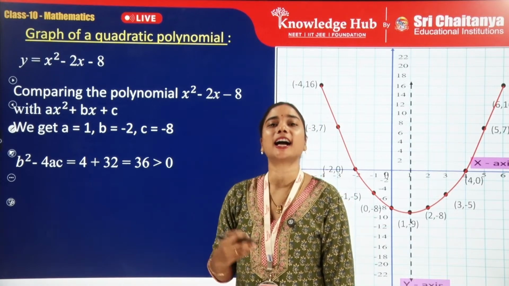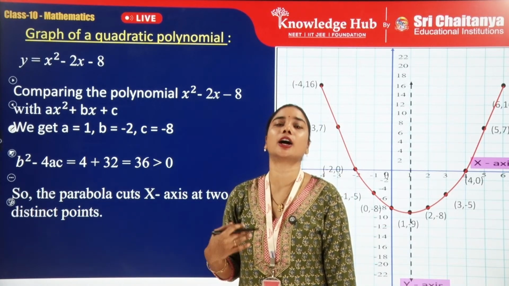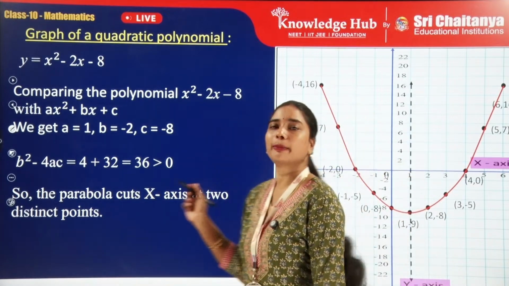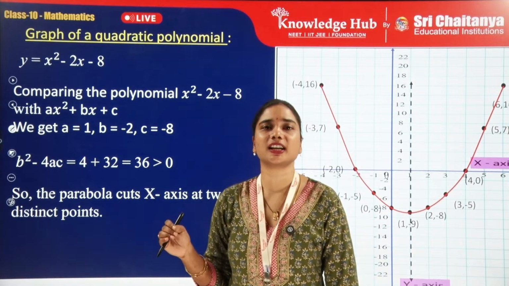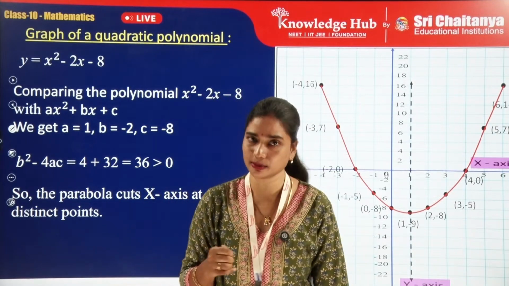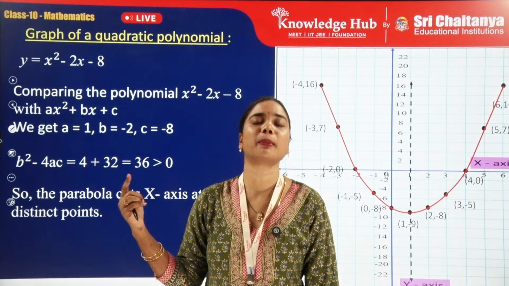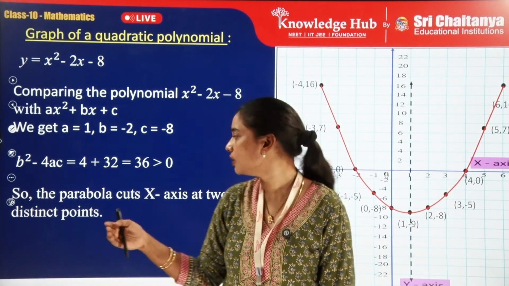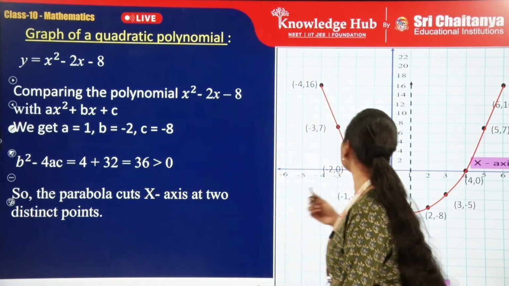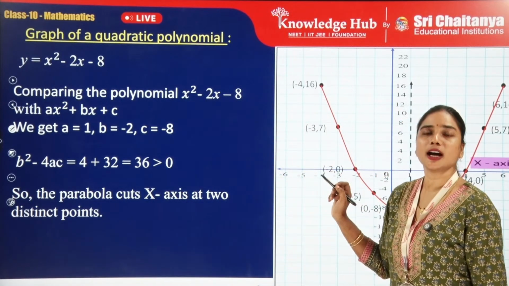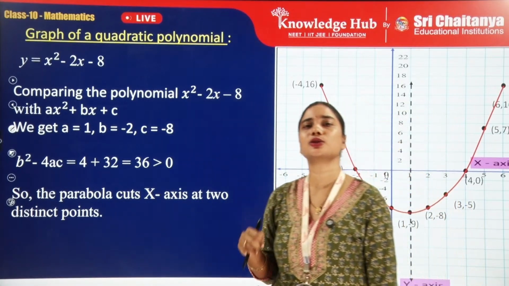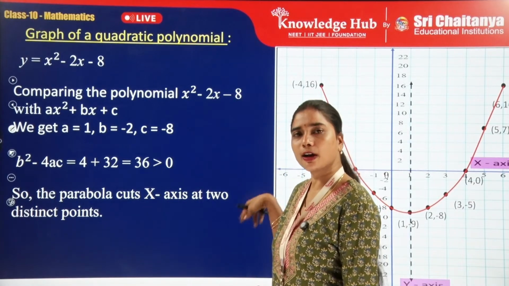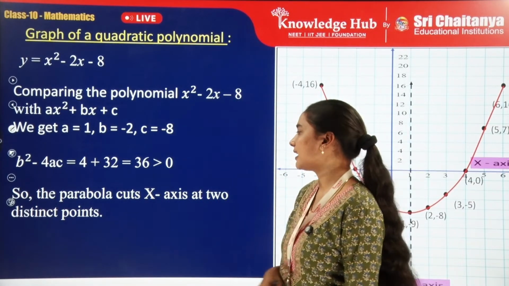The parabola touches the x-axis at two distinct points. The reason is that b square minus 4ac is more than 0, which is positive. The roots are real, so the parabola touches the x-axis at two distinct points. It means the parabola crosses the x-axis at two different points.